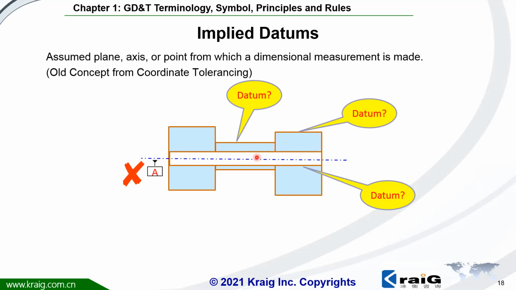We can get this axis from the hole. We could also get this axis from this cylinder, or the common axis of this cylinder and this cylinder. There are many ways to get this center line as datum A, and all of these datum axes are not going to overlap. It's not going to be the same axis.